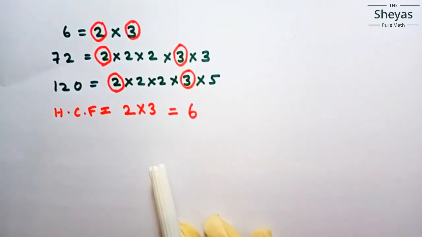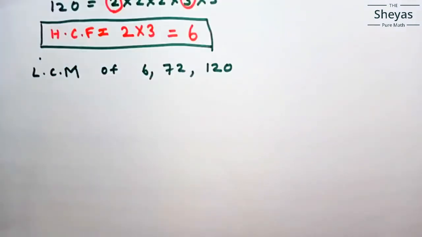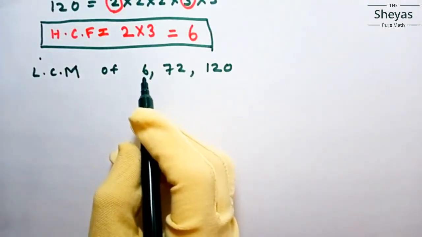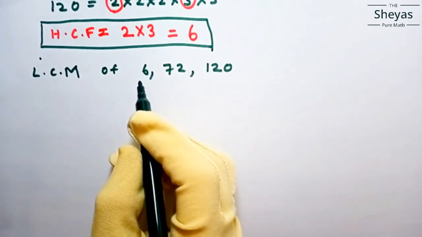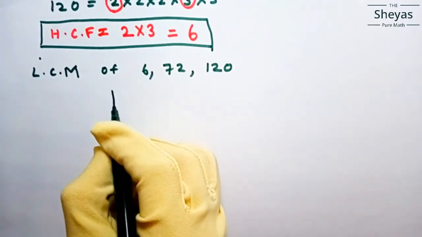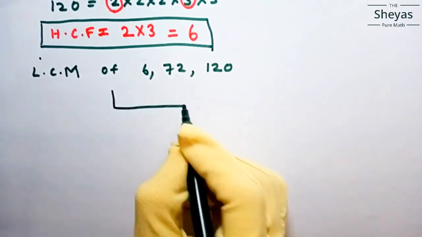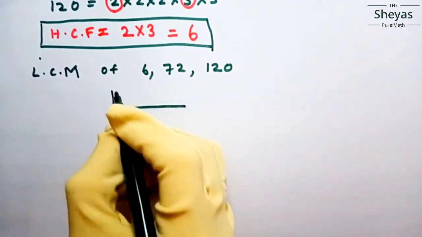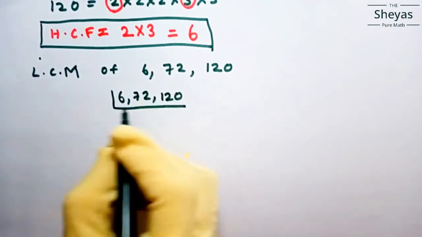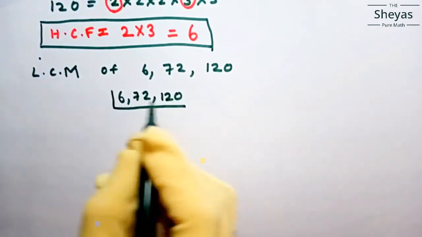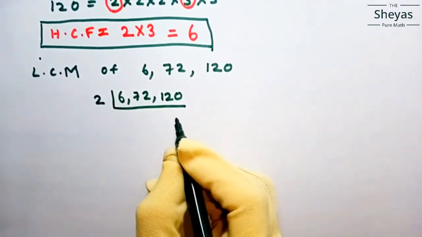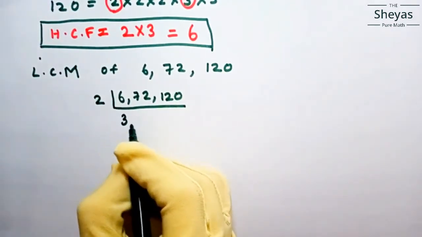Now let us do LCM. So we have to apply the same prime factorization method, but instead of doing separately, I am doing it in the same place and selecting the common factor. Okay, so 6, 72, 120, all the three numbers are divisible by 2 because all are even. So I am taking 2. 2 3s are 6.